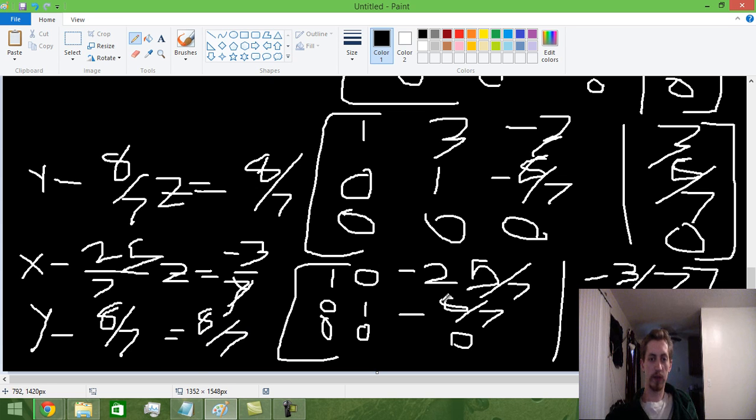And no matter what you do, you can't get this term in the end to drop out, because if I add this line back to this line, I'm going to get another term to show up here in the y place on the first line. If I add that term to this one, I'm going to get another term in the x one. So this is as close as I can get as the equation of two lines.